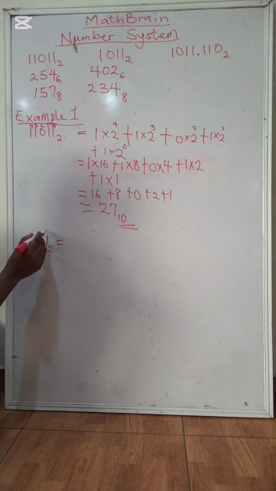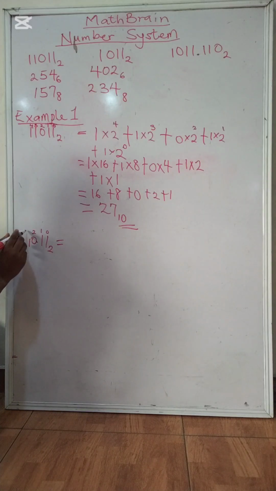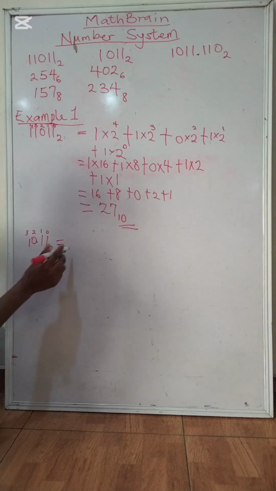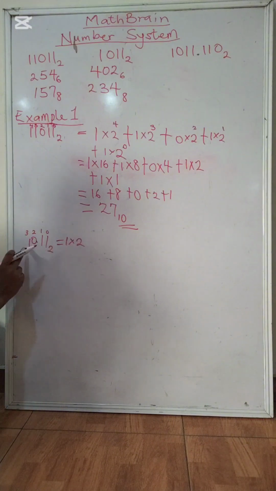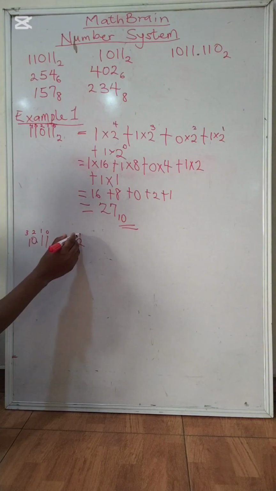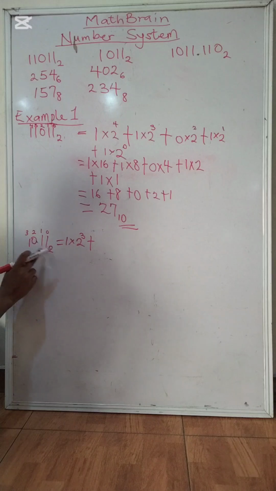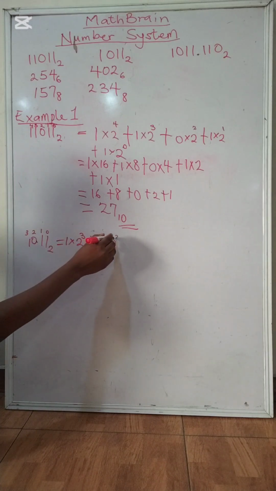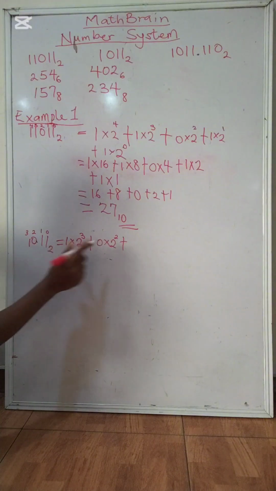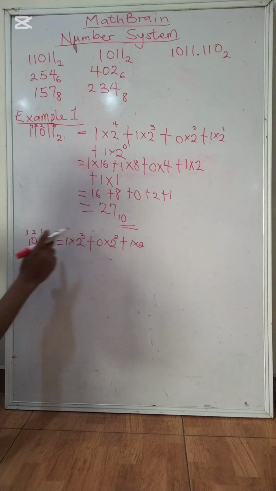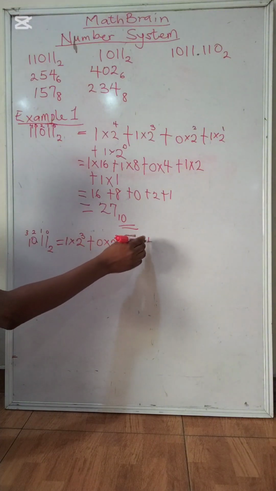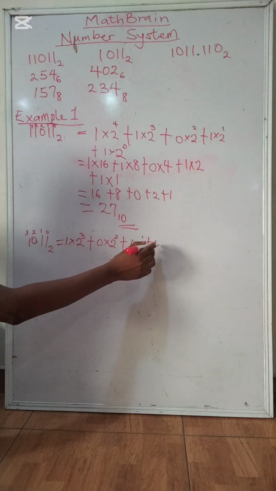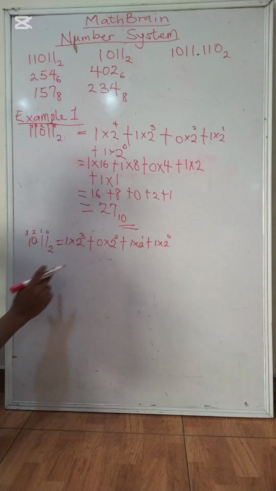So we assign power 0 to this one, the power of 1 to this, the power of 2 to this, and the power of 3 to this. So we have 1 times 2 raised to the power 3, plus 0 times 2 raised to the power 2, plus 1 times 2 raised to the power 1, plus 1 times 2 raised to the power 0.